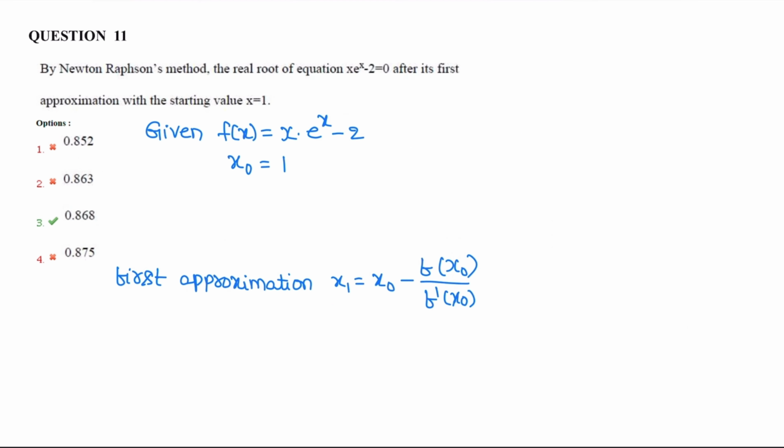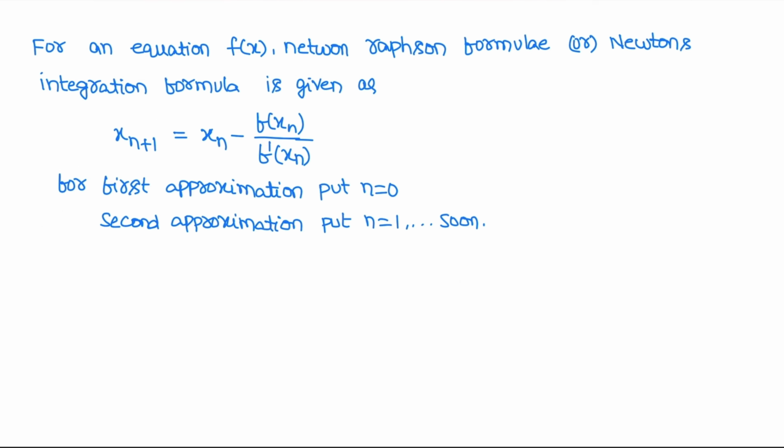Next question. By Newton-Raphson method, the real root of the equation x e power x minus 2 after its first approximation with the starting value x is equal to 1 is. Let us see the formula for the Newton-Raphson method.